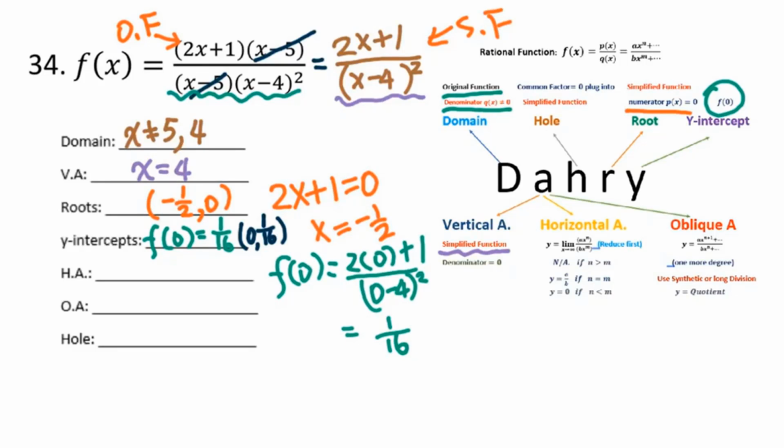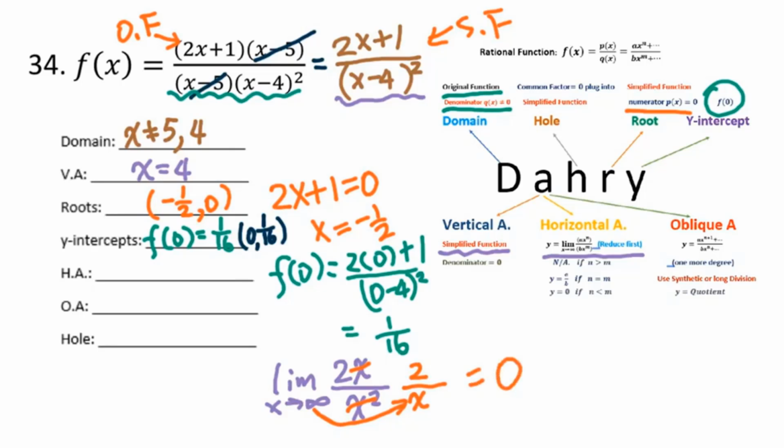For the horizontal asymptote line, using this limit as x approaches infinity, 2x will be the leading term for the numerator. Denominator will be x squared. Reduce, you will get 2 over x. Then plug infinity into this x. 2 divided by infinity will be 0.